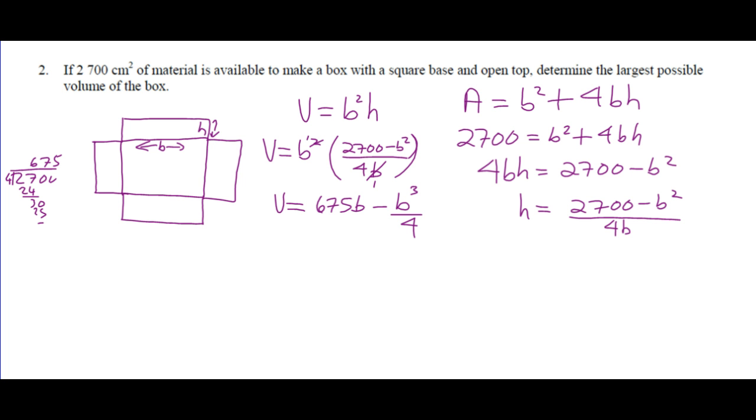Okay, and that's not such a bad way to write it, because that's easy to do the derivative, right? Now we just do the first derivative. So, what's v prime? Minus.